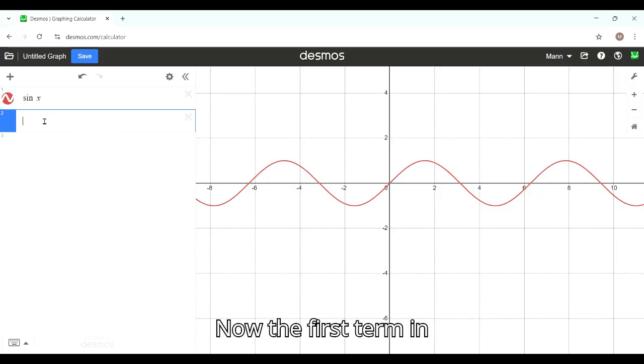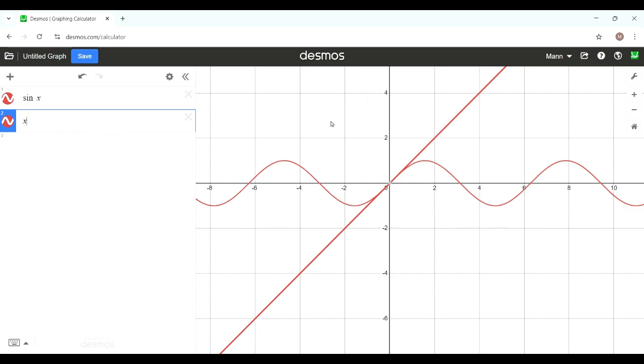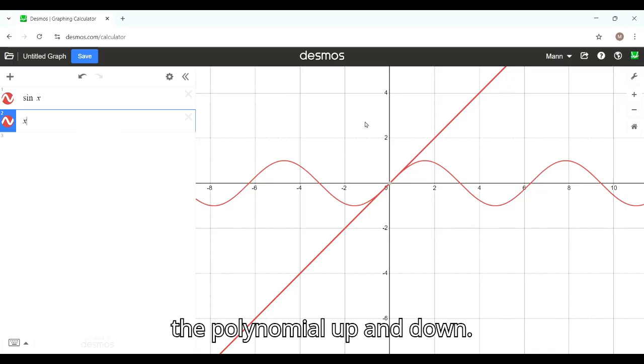Now, the first term in our polynomial will be the integral of 1, which is nothing but x. We ignore the c because c just moves the polynomial up and down.